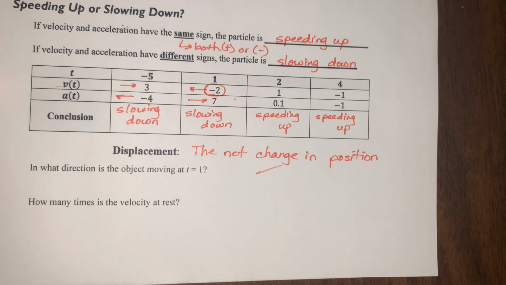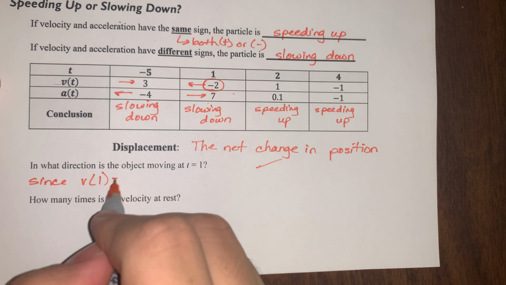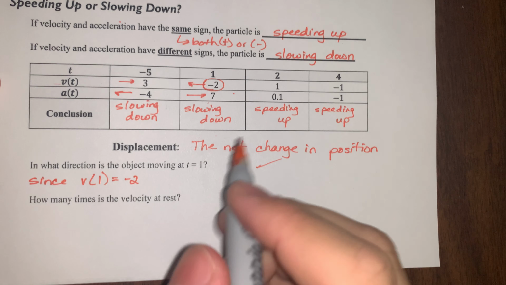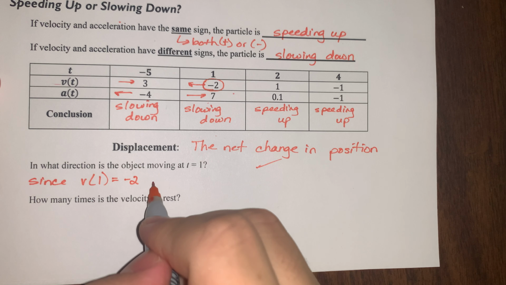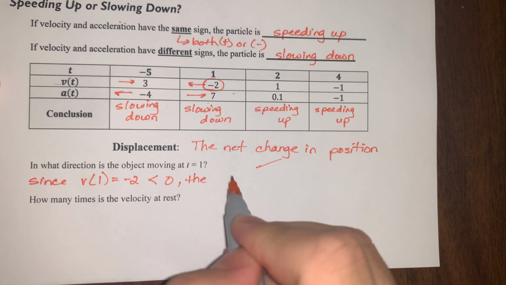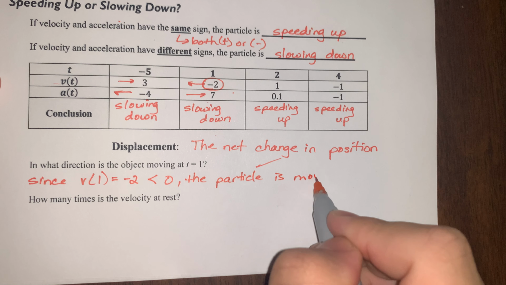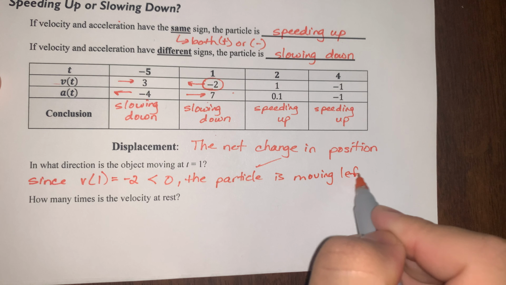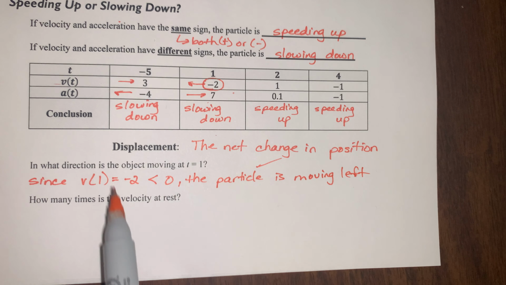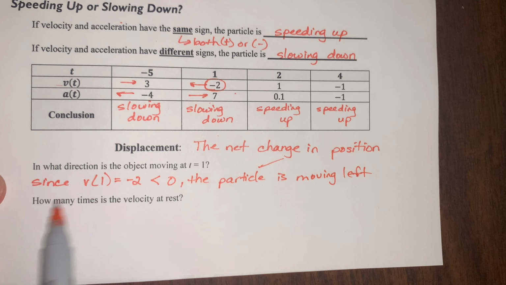So since v of 1 is equal to -2, which is less than 0, the particle, we're talking about a particle here, is moving left.